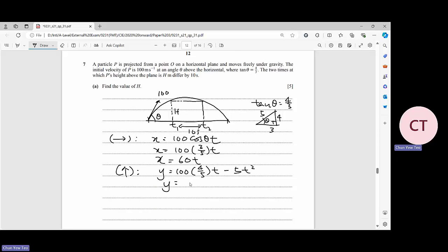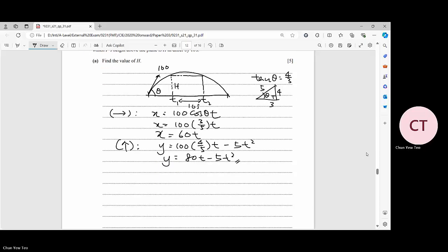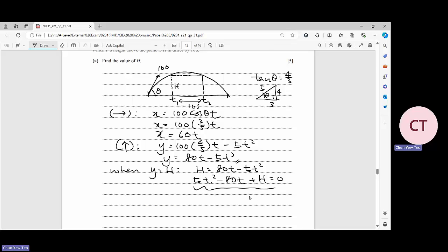Simplify it, you get 80t minus 5t squared. When y is equal to h, you have h equal to 80t minus 5t squared. So you have 5t squared minus 80t plus h equal to 0. If you solve this, it is a quadratic equation.